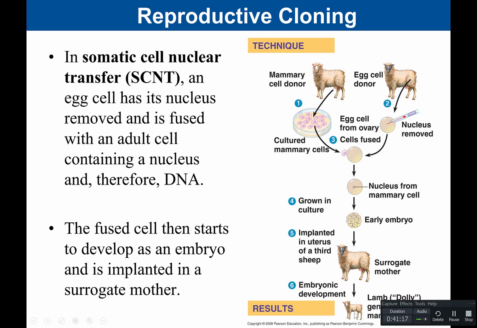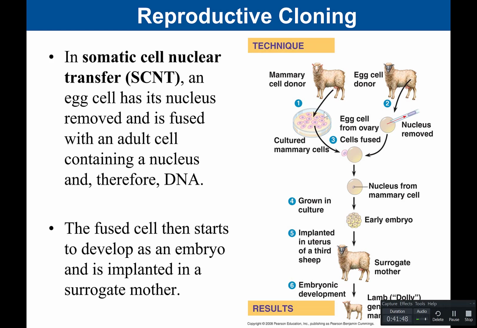Now, how effective this technique is, it's not high. It took a lot of attempts before they actually got a lamb to be born from this technique. And that has to do with changes in the DNA as we age. Dolly, for example, did not live a full life in terms of how long sheep should live. That's because in these cultured mammary gland cells, they had shortened what we call telomeres, these repeating segments at the end of the chromosome.